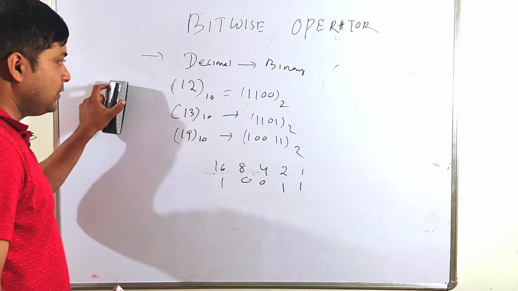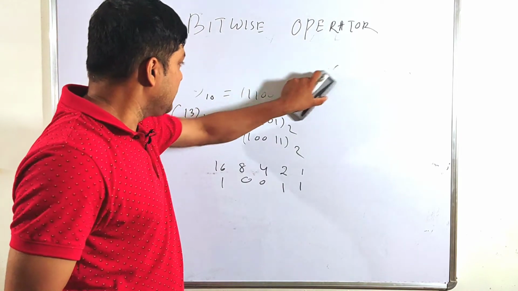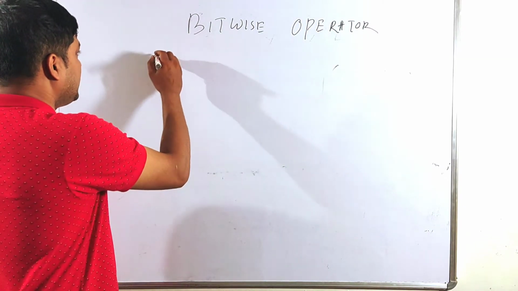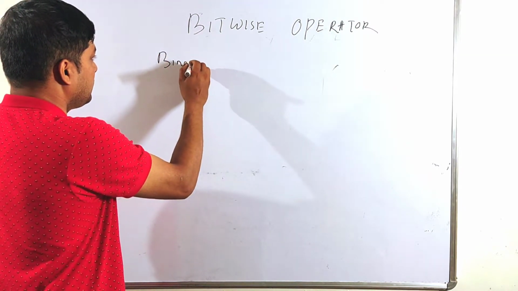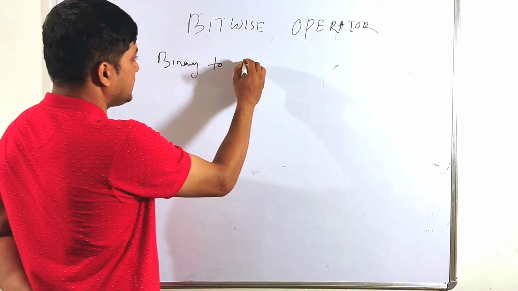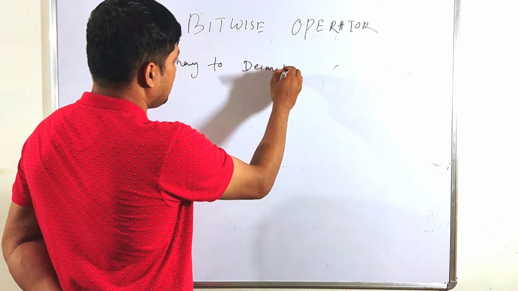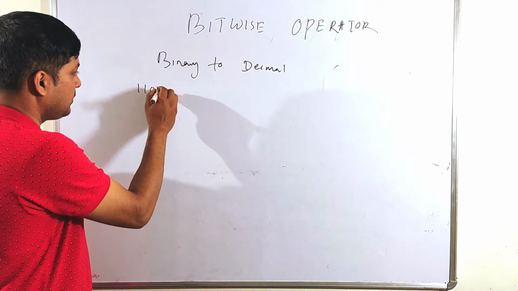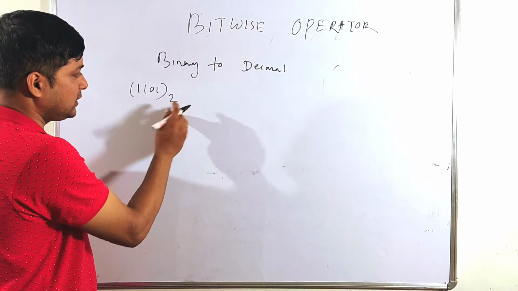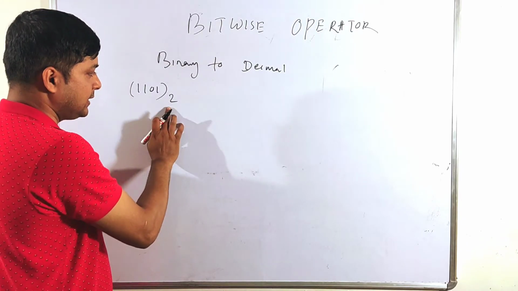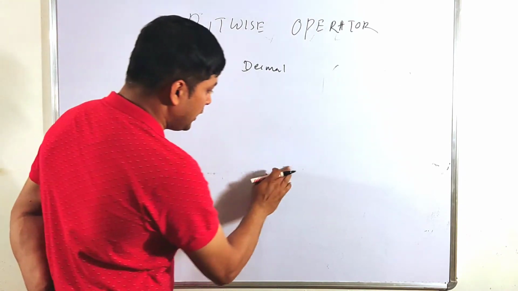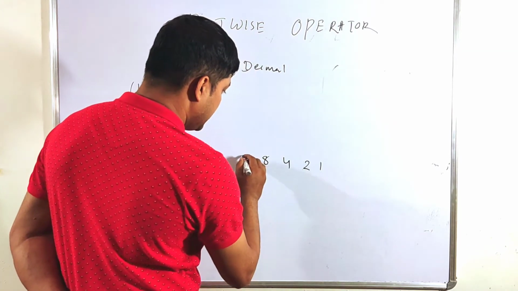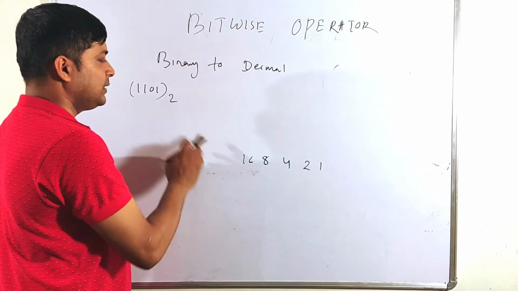Next step we will do binary to decimal. Again I am writing one binary value, 1 1 0 1, with the subscript 2 meaning binary. The same rule I am applying. First write 1 2 4 8 16 and so on, according to the value.